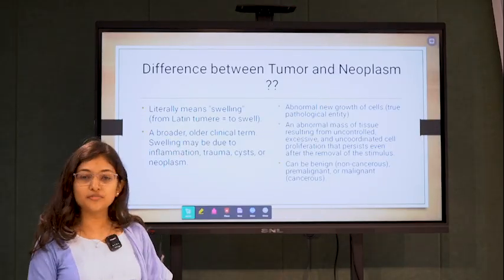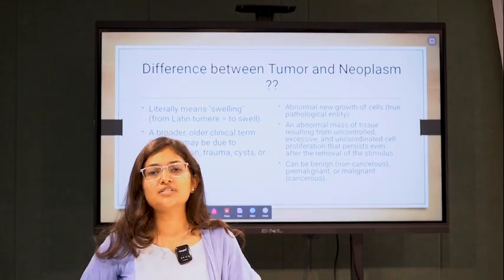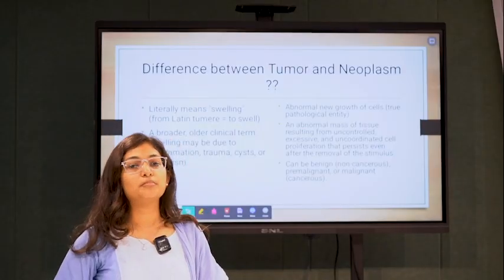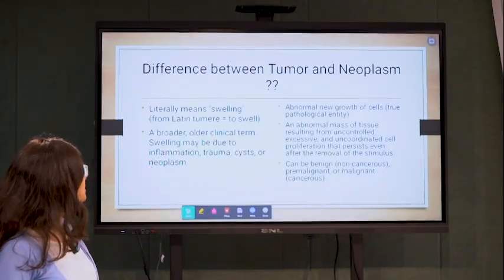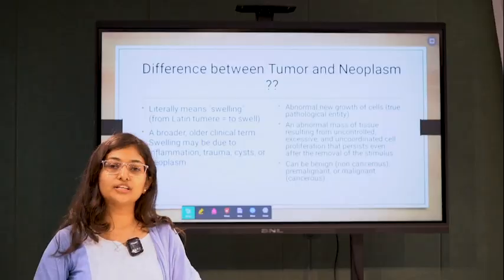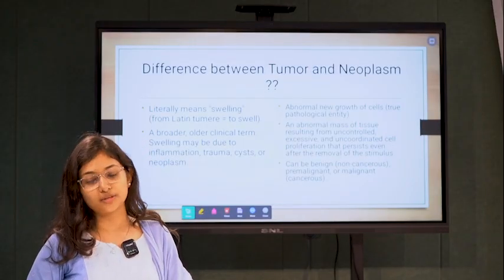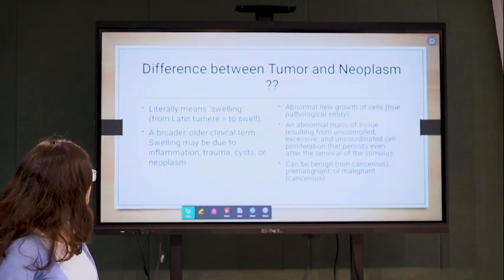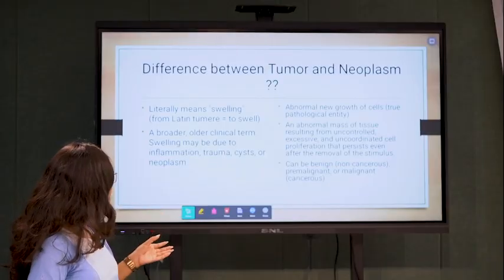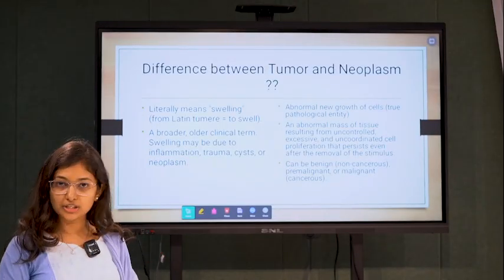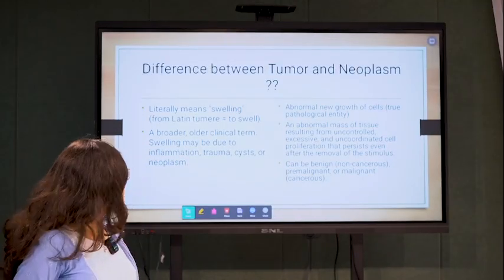So what is the difference between tumor and neoplasm? Both terms are often used equally, but a tumor is just the swelling of any kind of tissue. It is a broad, old clinical term which may be due to inflammation, trauma, cyst or neoplasm.